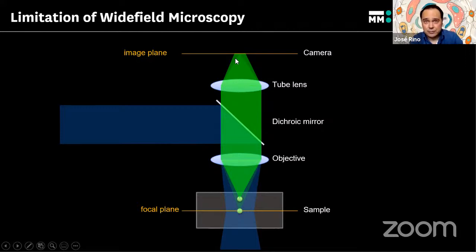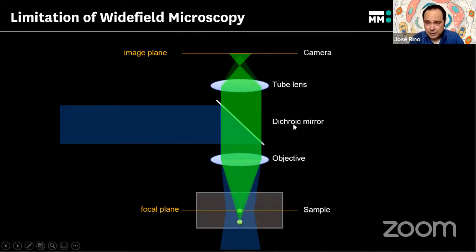So you would have a disk of out-of-focus light being imaged in the camera. Same thing applies if you have fluorophores beneath the focal plane. These fluorophores will also emit light, which will be focused short of the image plane and so will be out of focus again. So you'd image an out-of-focus disk of light.